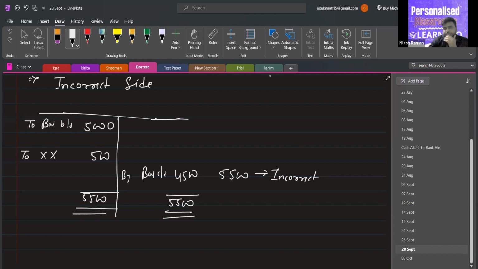Now, how to correct this type of wrong entry? Add an entry of 500 here? No, we will write twice the incorrect amount on the correct side. Twice the incorrect amount means we have to write 1,000 here. 500 for the correct entry, and 500 for the incorrect entry.